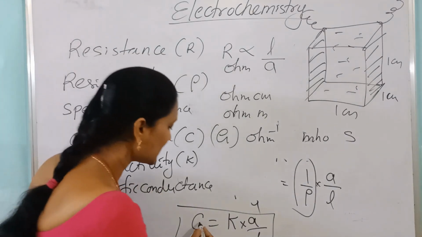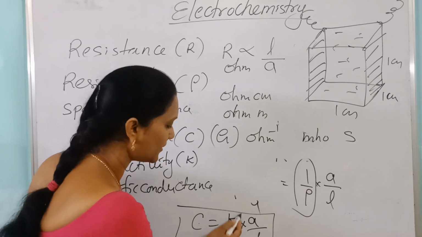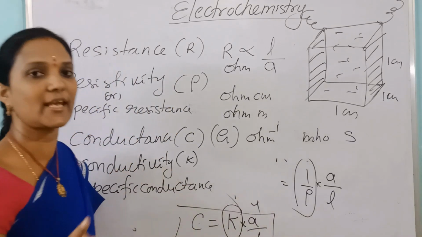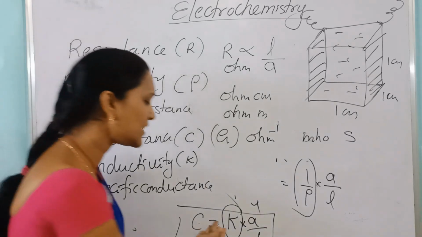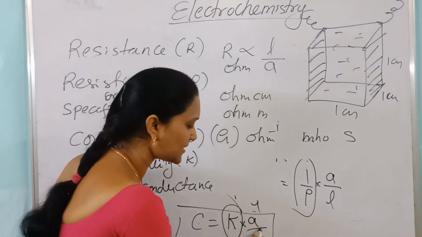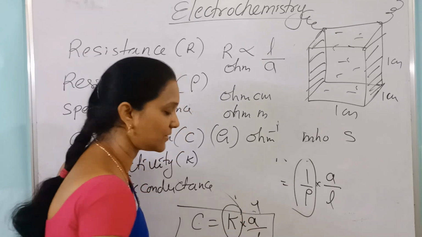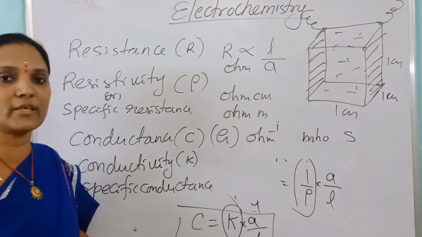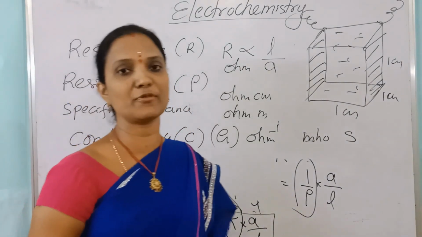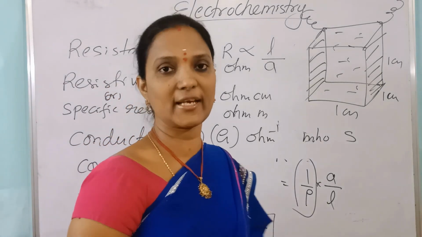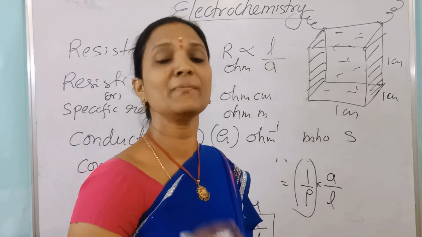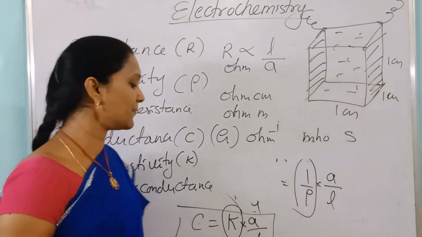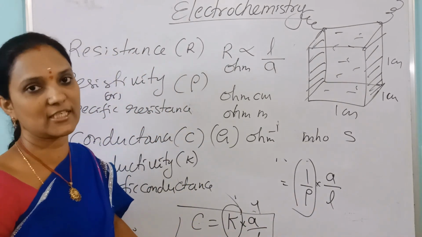Now see that C is equal to K into A by L. This K is a constant, called specific conductance or conductivity. Now what is the definition? If A is 1 centimeter square and L is 1 centimeter, then C is equal to K. Nothing but the conductance of 1 cc electrolyte, or the conductance of an electrode with length 1 centimeter and cross-sectional area 1 centimeter square.